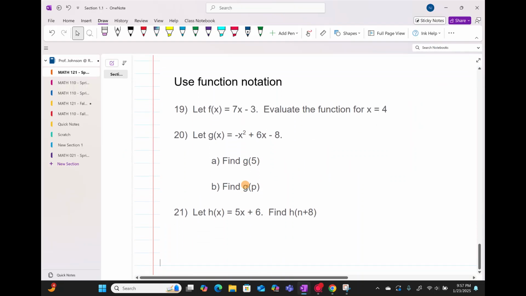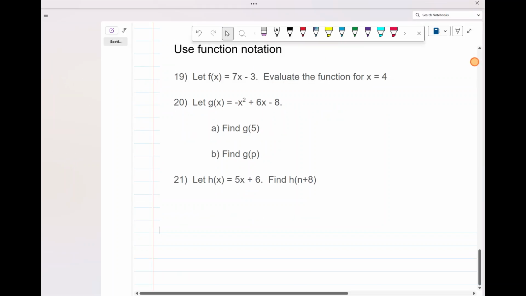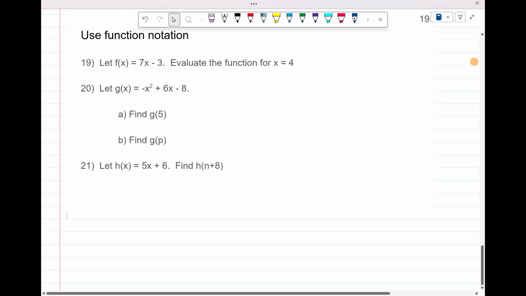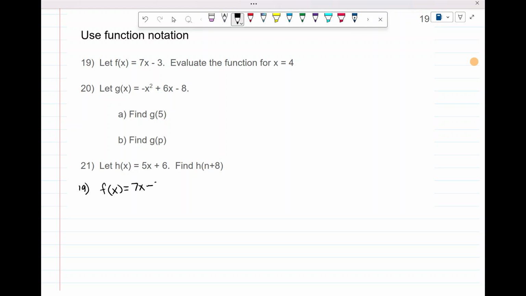And so we're going to practice just evaluating a few functions. Let's start with number 19. So for number 19, we know that f of x is equal to 7x minus 3, and we want to evaluate it for x equals 4.